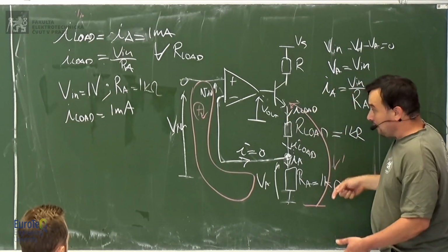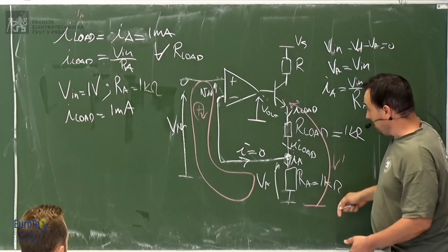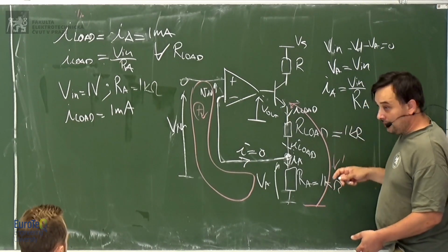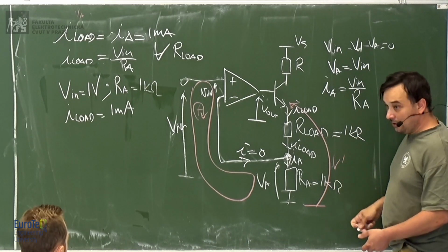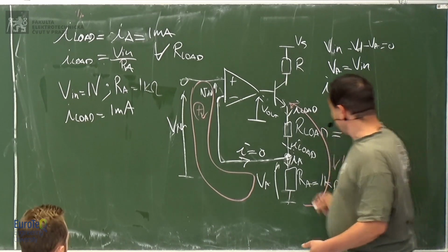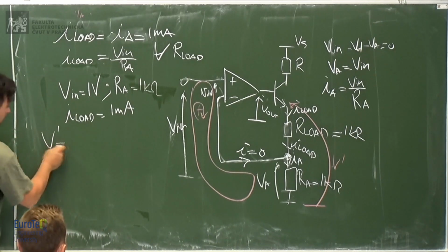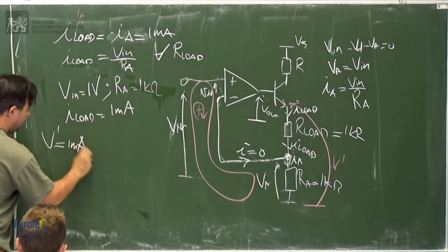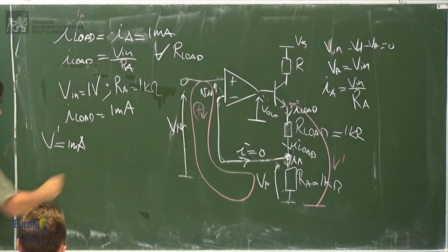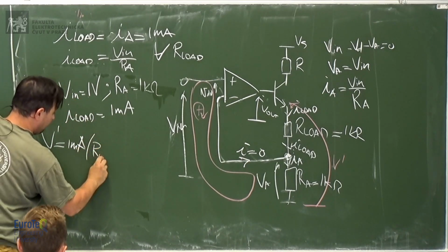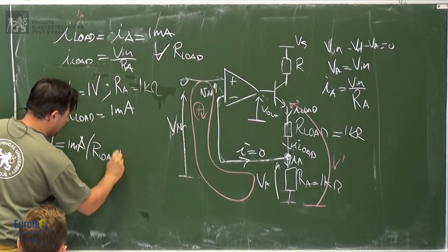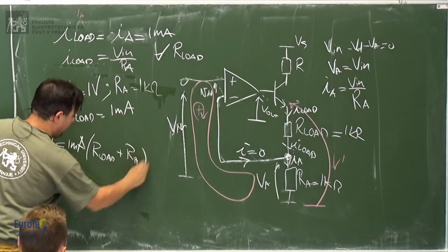Okay? How large is the voltage? Well, it depends on the load. Let's say here we have 1 kilo, so V prime will be 1 milliampere, which has to flow through 1 kilo of the load and 1 kilo of RA, okay?